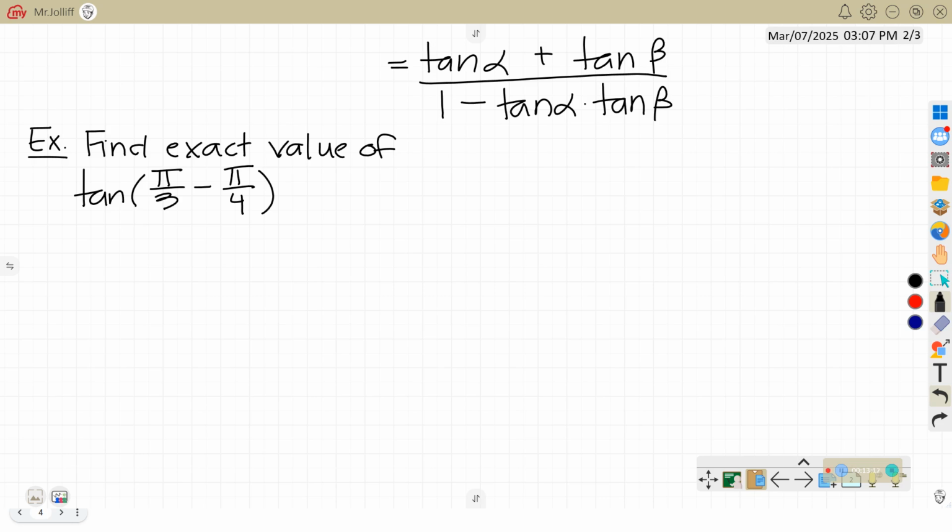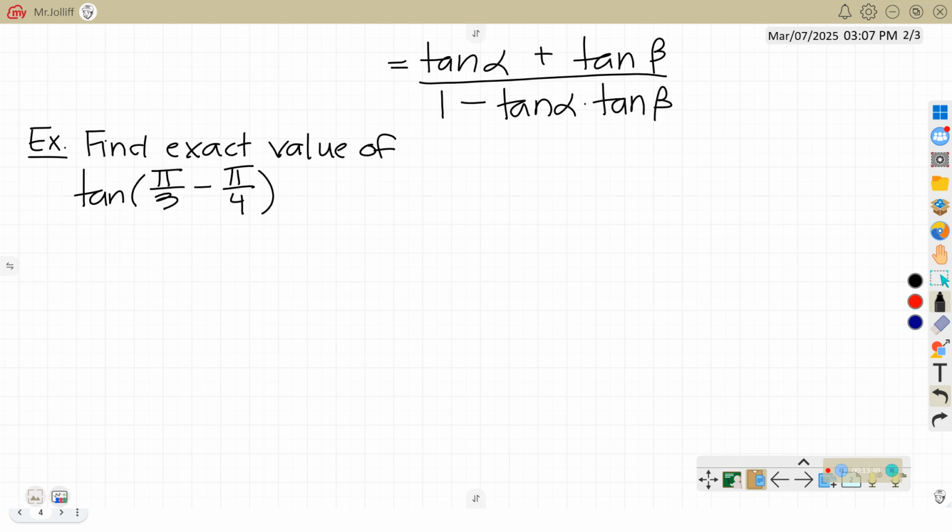I'm going to separate those angles. Second, we're going to use the unit circle to find those values for tan alpha and tan beta. And then the third step is we need to use algebra to simplify the expression. Unlike sine and cos, these answers are going to start as ugly fractions. We need to make them pretty fractions.